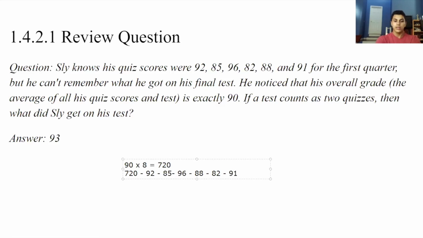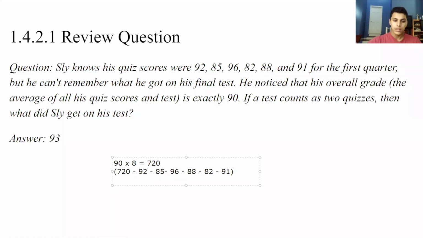Okay, and now we have our expression here. So all we need to do is simplify this. So this all simplifies to 186. The 720 minus all of these pieces of data is 186.